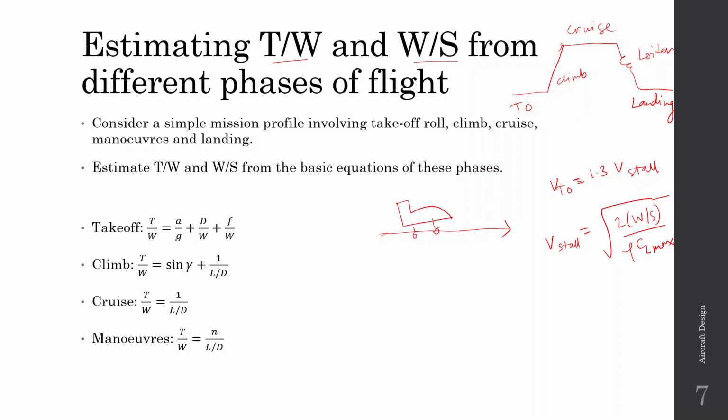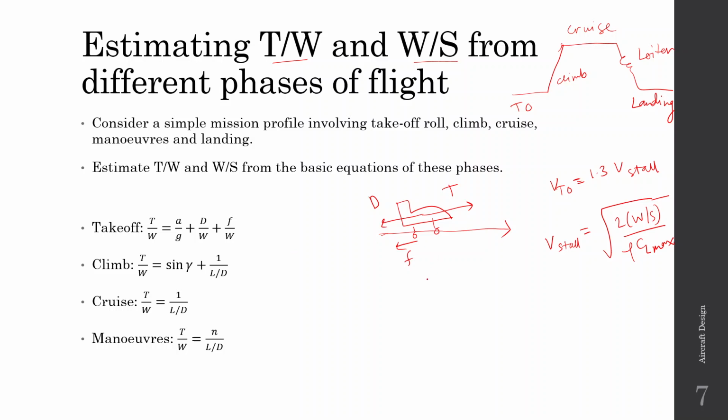If the aircraft is like this on the ground, then we have to consider what the forces acting on the aircraft are. First we have the thrust which acts in the forward direction. Then you have the drag force, and you also have the friction from the wheels. I'm ignoring the forces in the y direction.